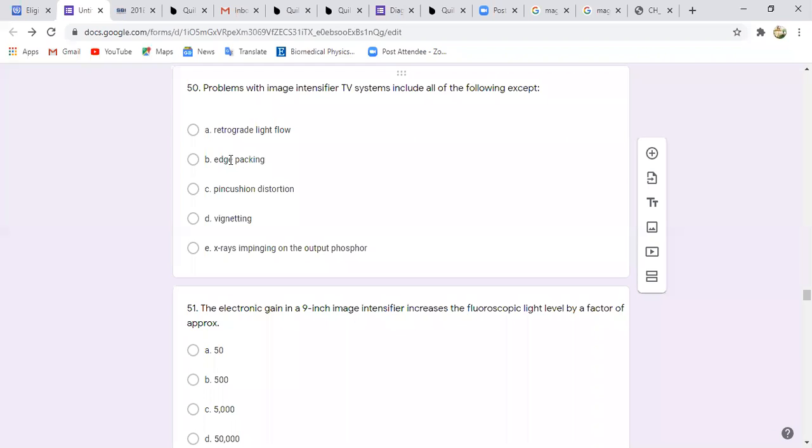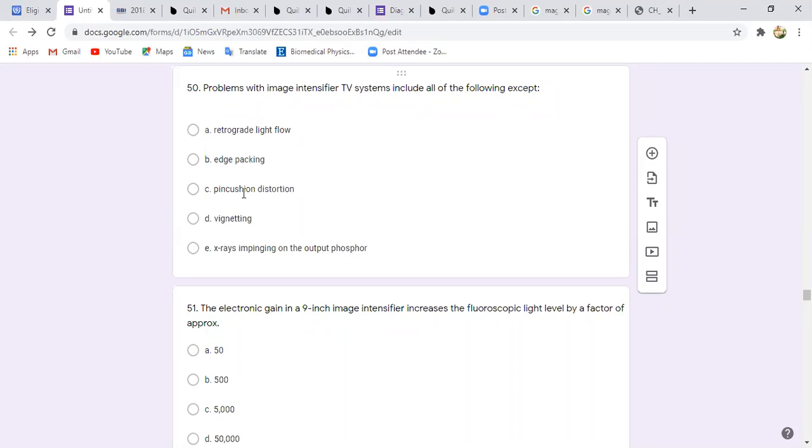Edge packing occurs when the photomultiplier tube is not calibrated well or has some other problem. Retrograde light flow has to do with light: even after using the aluminum window, some light can still pass through, affecting the detector. So it is a kind of artifact.